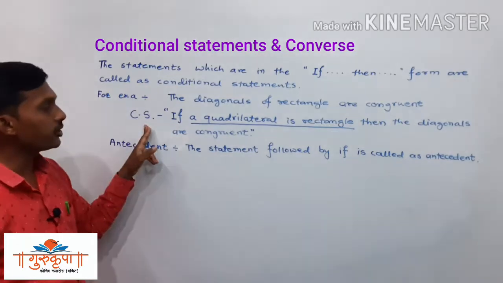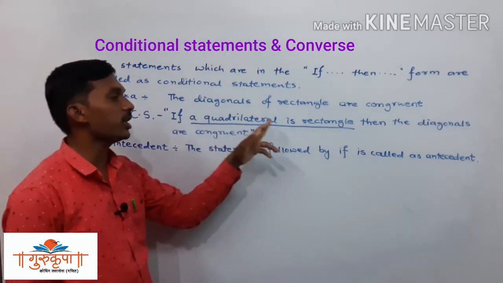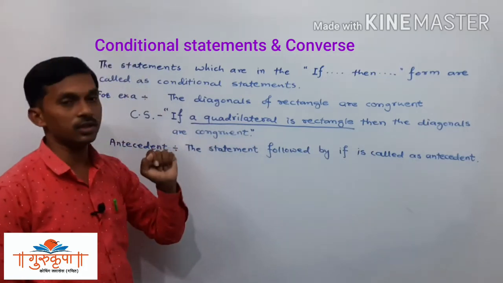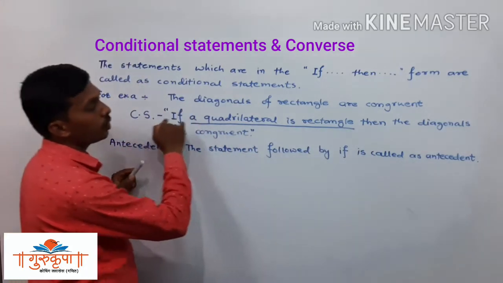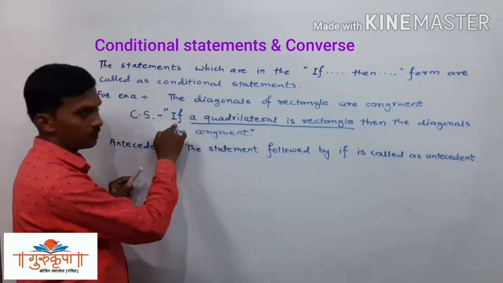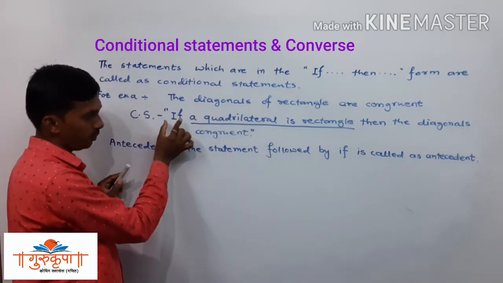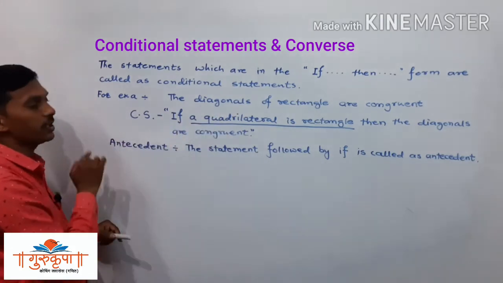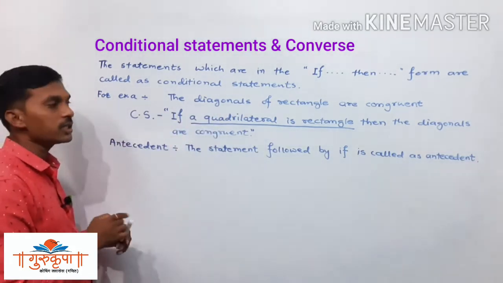Here we have a conditional statement. If a quadrilateral is a rectangle, then the diagonals are congruent. The statement followed by the word if is called as antecedent.